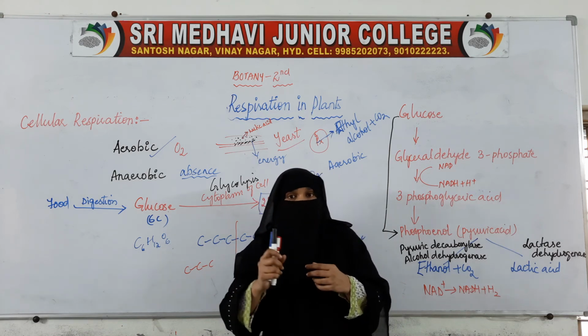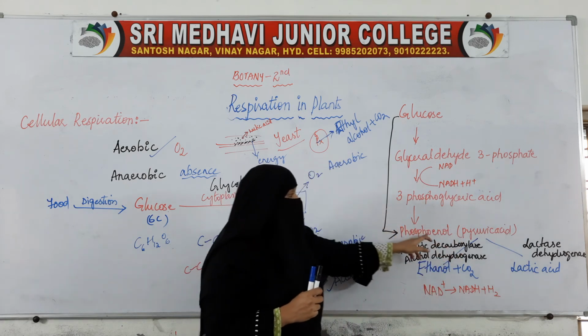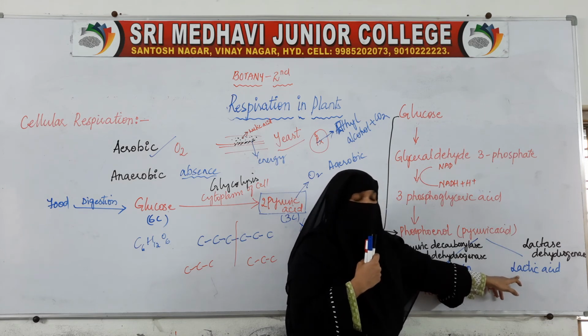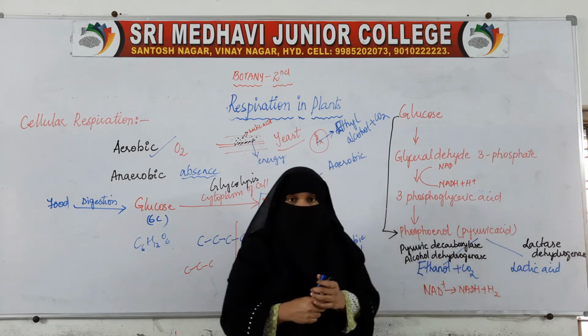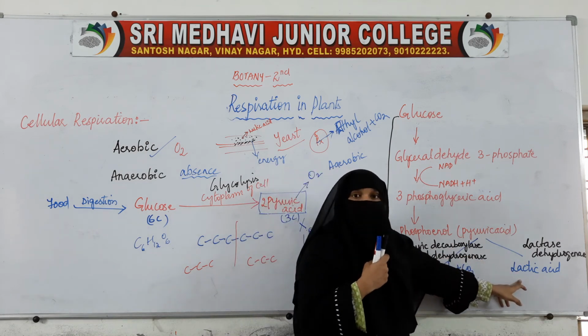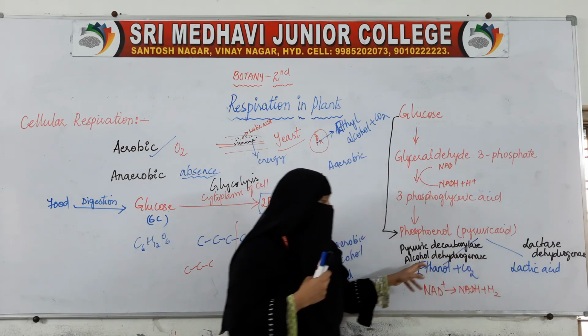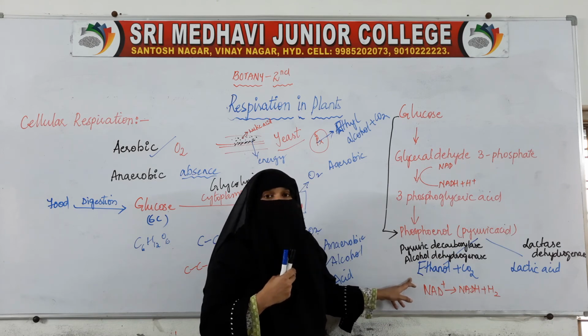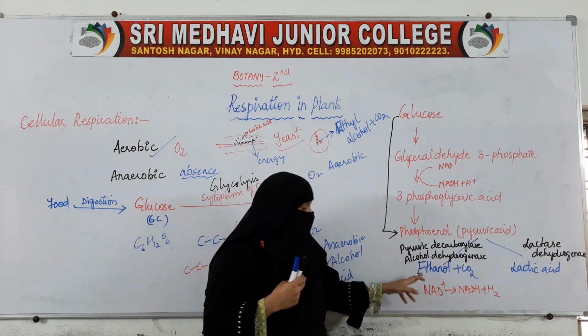So when pyruvic acid does not get oxygen, if it is in the muscle cell, it will change into lactic acid. Whereas in yeast, what will happen? It will change into ethanol.